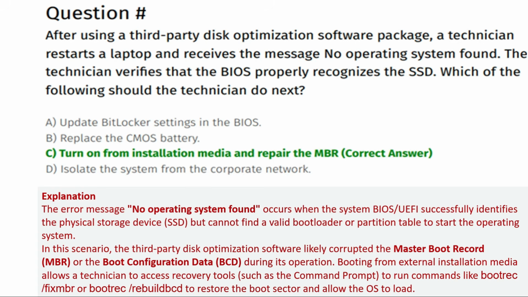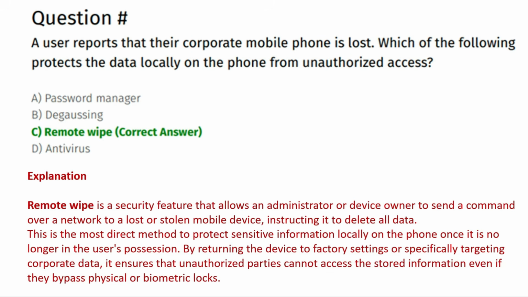So booting from external installation media allows a technician to access recovery tools such as command prompt, to run commands like bootrec /fixmbr or bootrec /rebuildbcd to restore the boot sector and allow the OS to load. So that's why the correct answer for this question is boot from installation media and repair the MBR. So let's move to the next question.